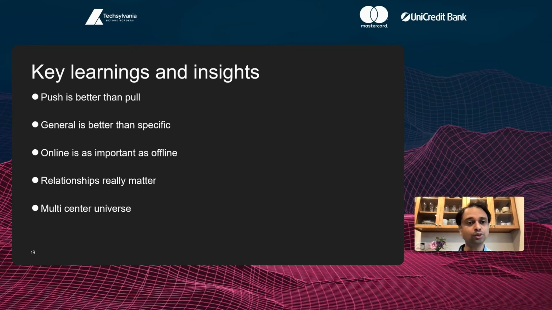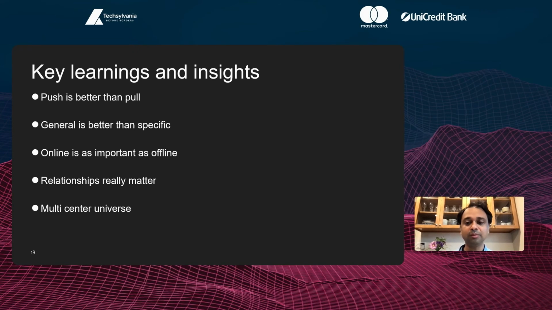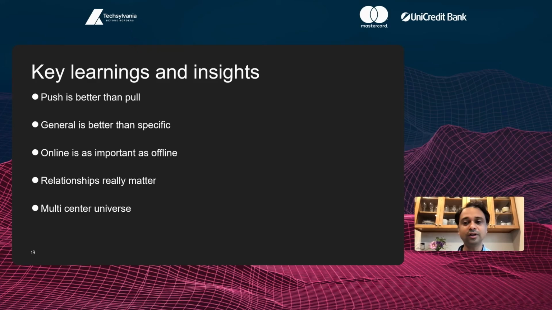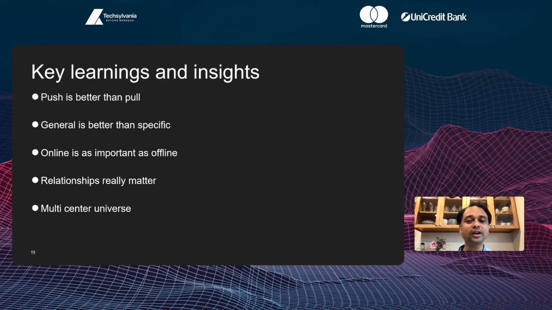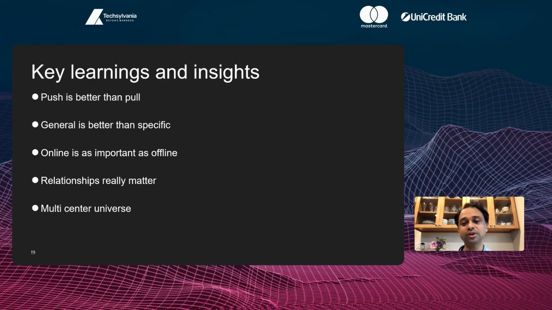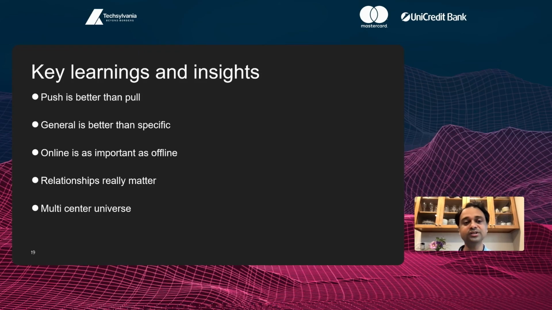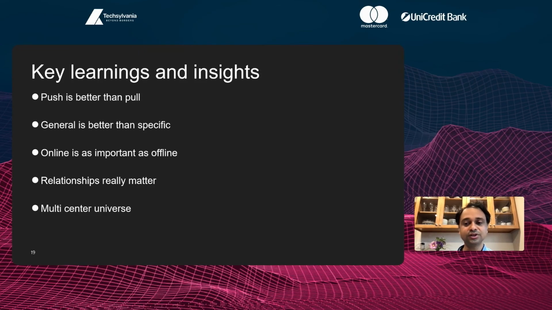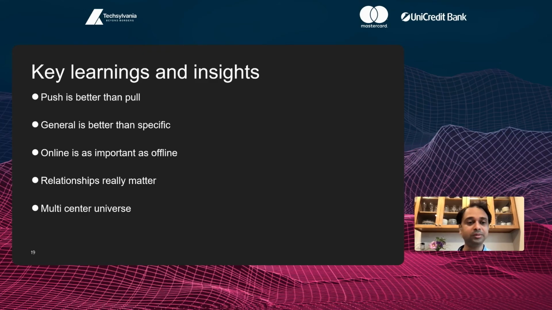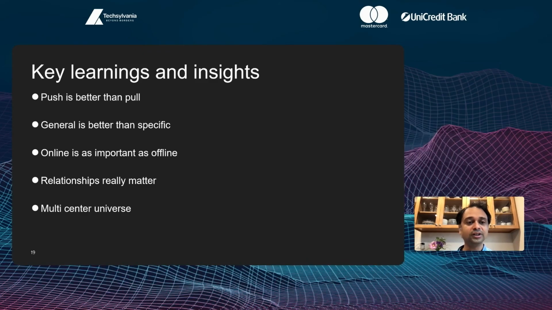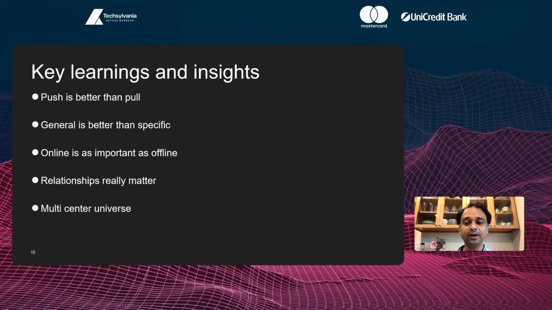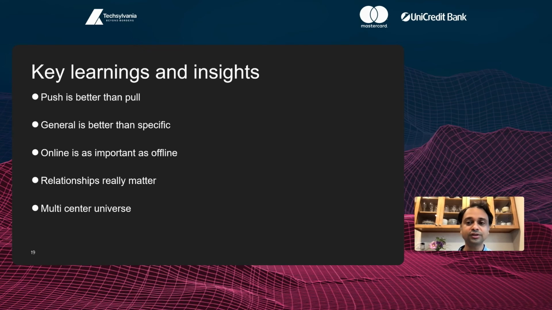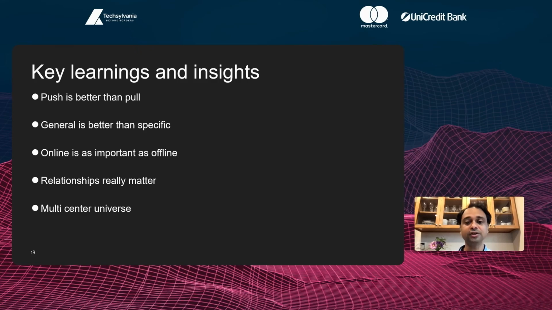Some key learnings, just to close the talk. If there's one thing to take away, push is much, much better than pull. As you are designing your metadata system within your enterprise, keep that in mind. General is much better than specific. As you integrate with your systems, remember you'll always be in that multi-hop universe.